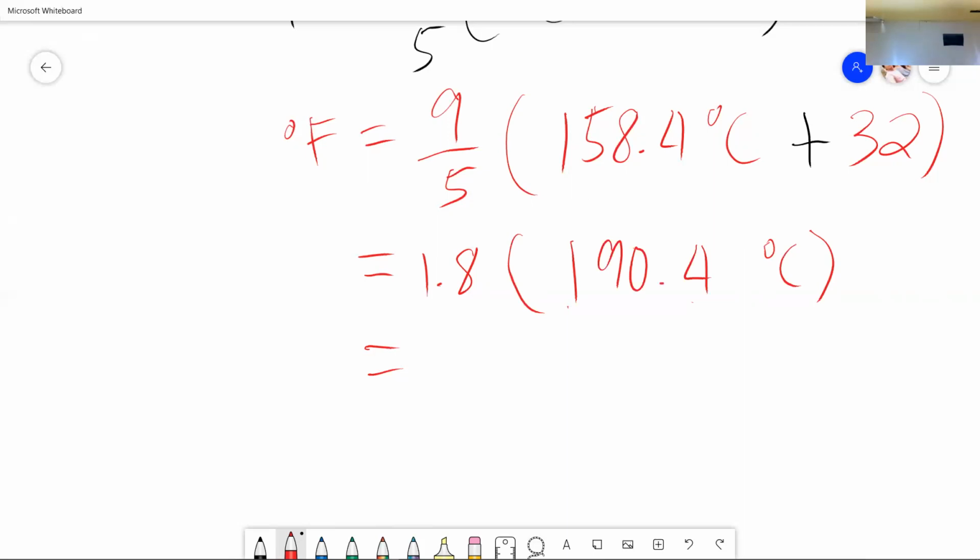9 divide 5 times 190.4. We have 342.72 degrees Fahrenheit.